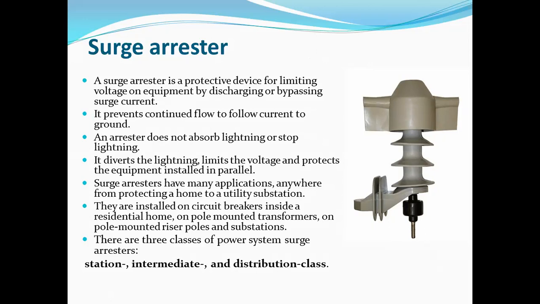Suppose a lightning stroke is hitting any equipment or any line; that can be protected by using this surge arrestor. The surge arrestor discharges or bypasses that surge current. It prevents the continued flow of follow current to the ground.